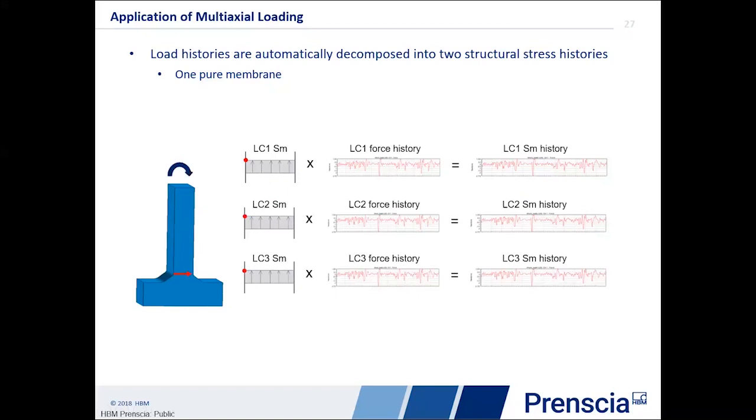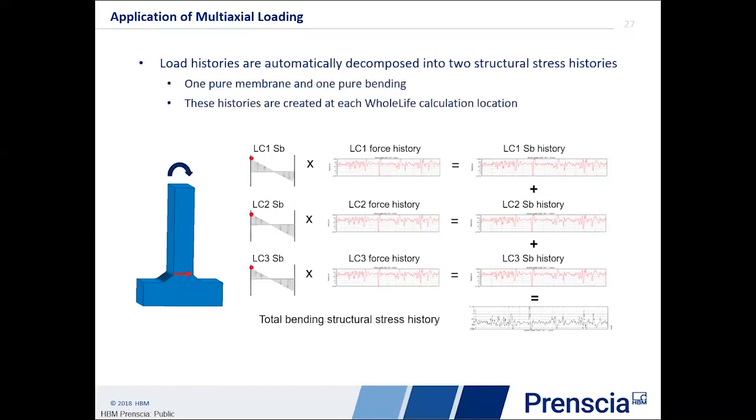Once I have all of these histories calculated, I sum them up and I get a structural stress history for membrane behavior of that crack. I can then go and do the same thing again, but now calculating bending. So I'm looking at bending stress on the structure rather than the membrane stress.